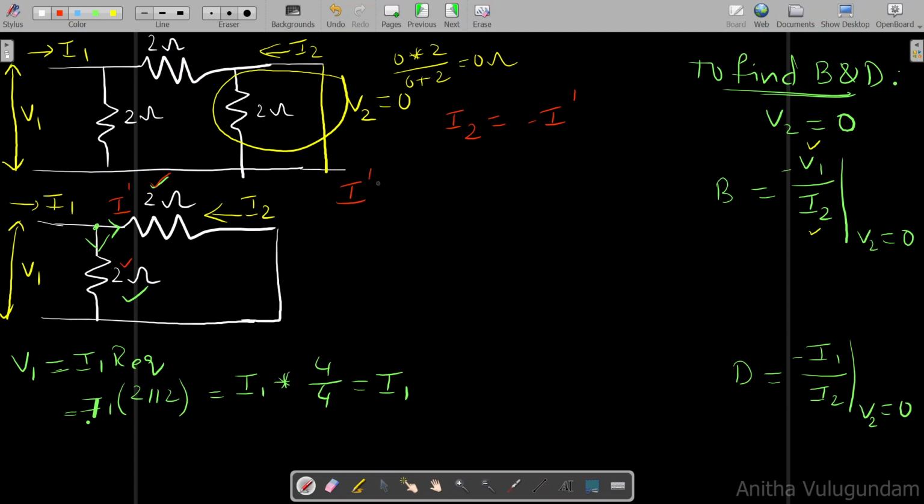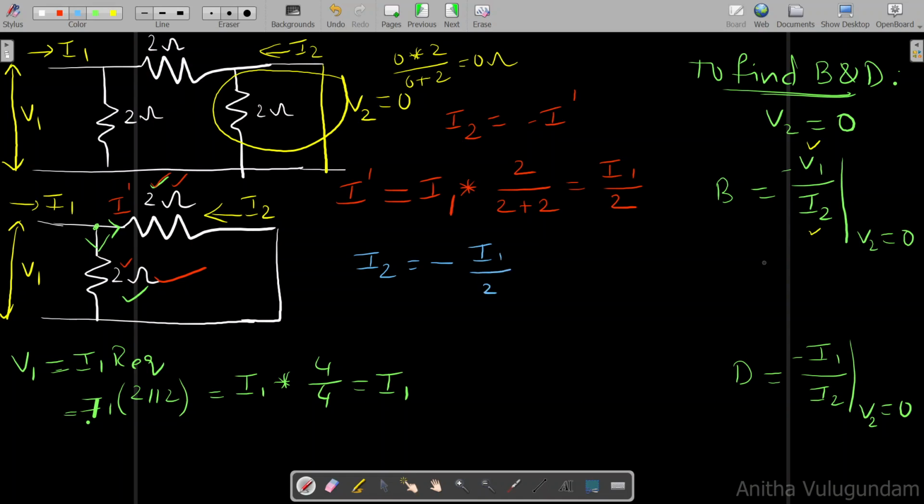According to current divider rule, I dash can be written as total current I1 into opposite branch resistance 2 divided by total resistance. Total is 2 plus 2, so I dash equals I1 divided by 2. And I2 equal to minus I dash.